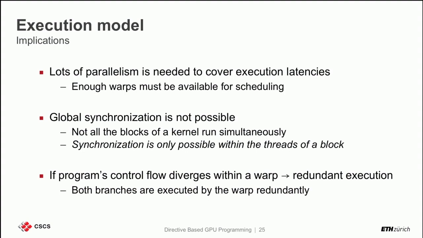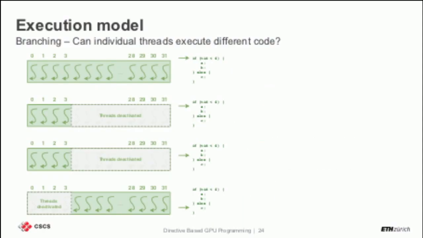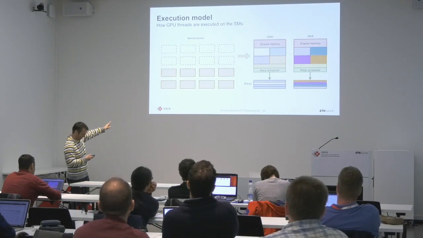But what is important is this thing. There is no way to do global synchronization within a kernel. Like a global barrier, like an MPI barrier, or like an OMP barrier that is across the whole threads. That's a different thing. You cannot do it. And why is that? Because I'm going a bit back to this slide.